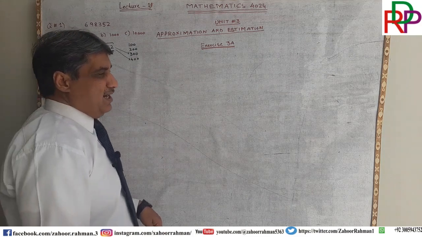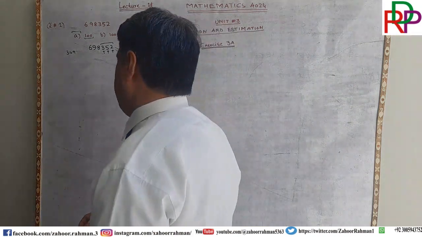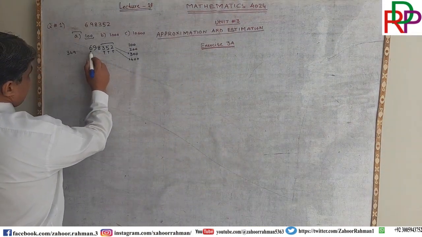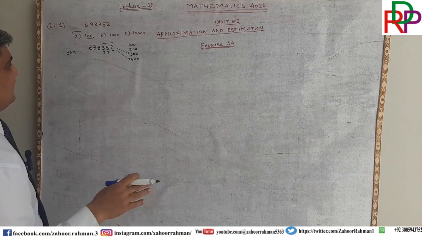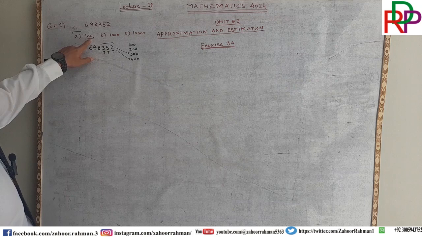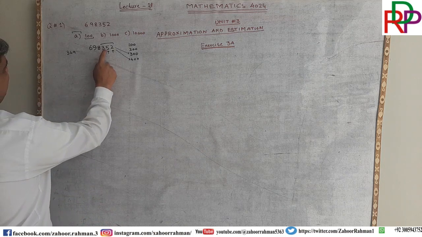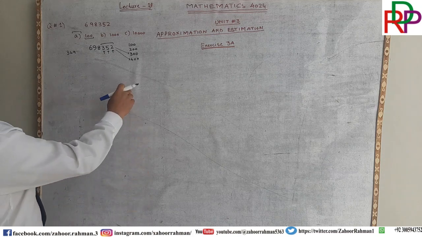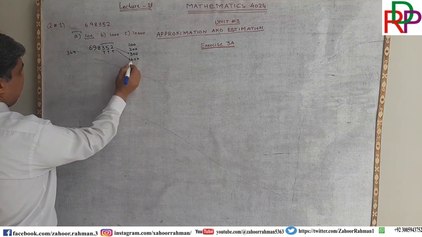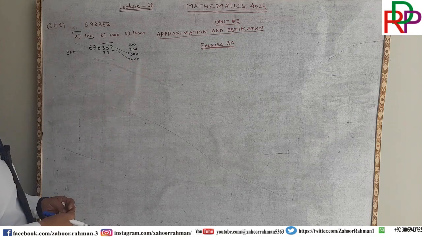Because you are paying money to someone, you have the 1,000 notes, but you don't have other than 100 notes. So if somebody has a credit of 352 on you, then you have to pay either 400 or 300.